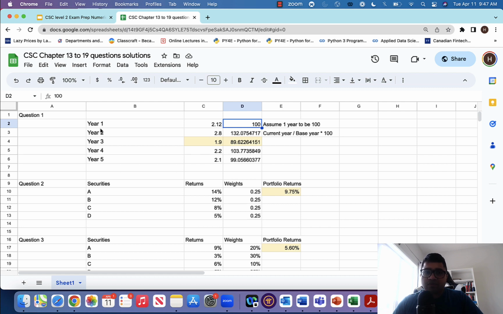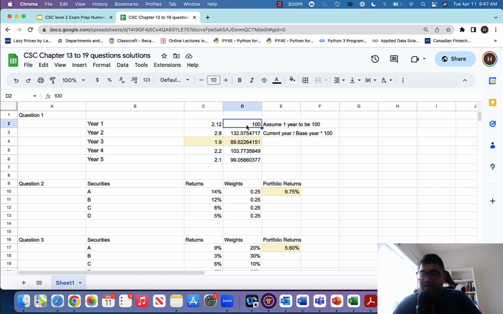For example, for year 2 it's going to be 2.8 divided by 2.12, current year divided by base year, into 100. For year 3 it's going to be 1.9 divided by 2.12 into 100. For year 4 it is going to be 2.2 divided by 2.12 into 100, and year 5 it's going to be 2.1 divided by 2.12 into 100.